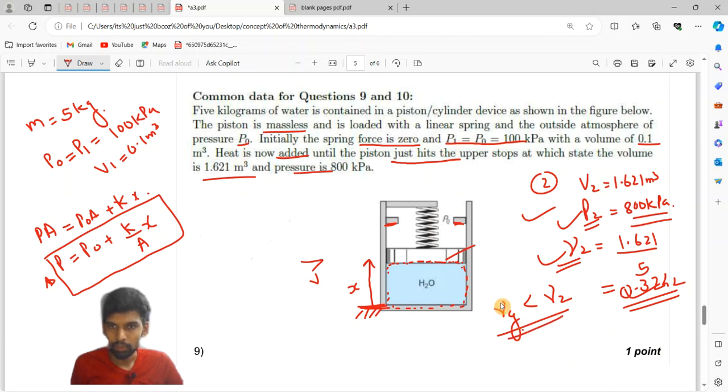Means the volume of saturated liquid is less than the volume at state 2. What does this imply? Volume of gases is typically more than that in any other state. So what we can conclude from here is that this state lies in the superheated region.